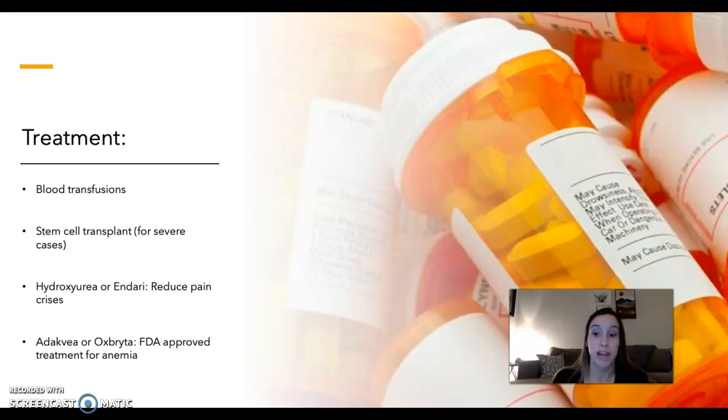There's a stem cell transplant, but that's only for severe cases because it involves a bone marrow transplant, which is extremely invasive and very painful, so it's not as highly used. Some commonly prescribed medications are hydroxyurea to reduce pain, and Adakveo or Oxbryta, which is an FDA-approved treatment for anemia as well.